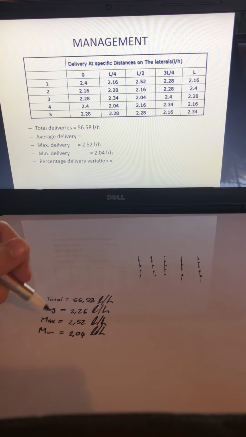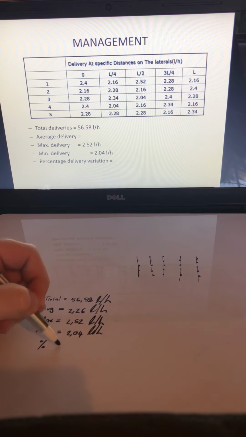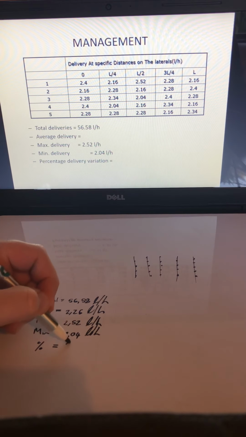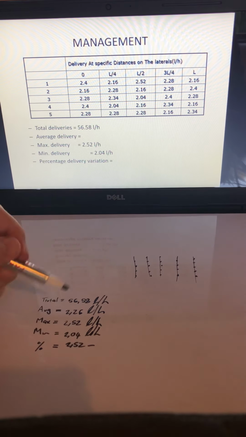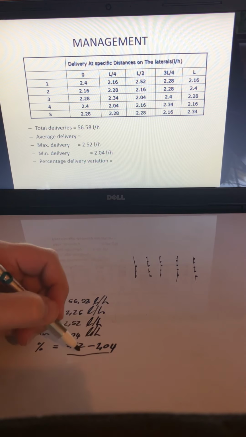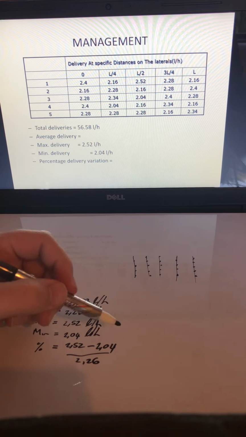So the last thing we want to calculate is this percentage delivery variation. And in order for us to calculate this, we take the maximum value, which is this one, so that's 2.52. We minus 2.04, which is the smallest one, and we divide it by the average, so that's 2.26.